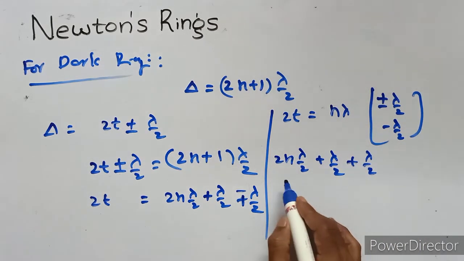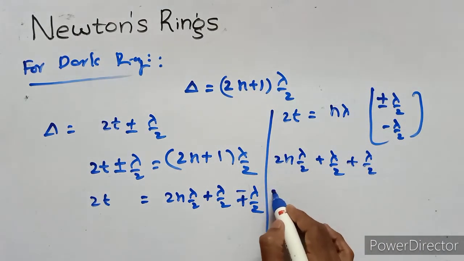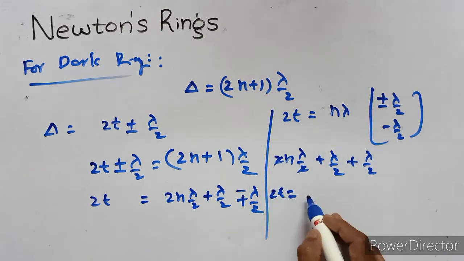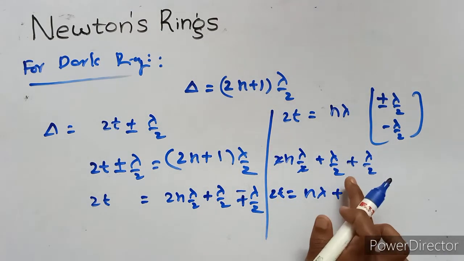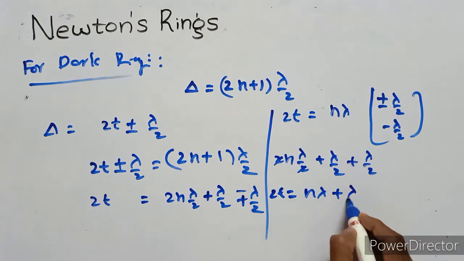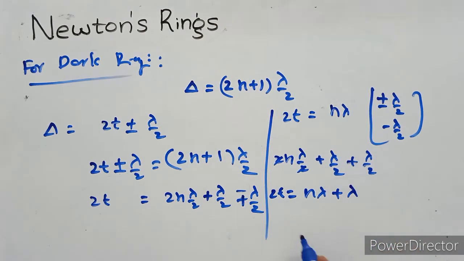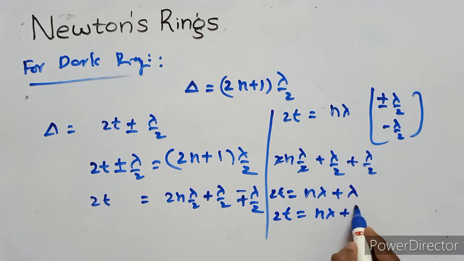So 2t equals n lambda plus lambda upon 2 plus lambda upon 2, which is n lambda plus lambda.